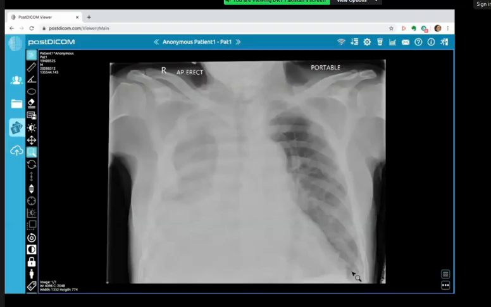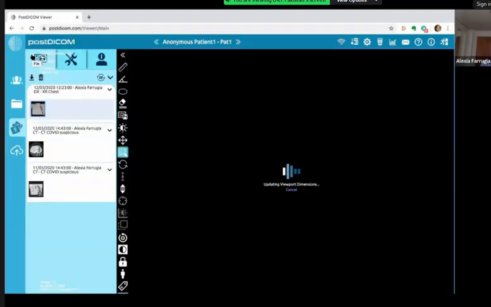But we're not really imaging the extreme lung bases, so we can't really comment about a left pleural effusion there. We would compare to previous chest X-ray, or any previous chest imaging, and then you'd move on to a CT.